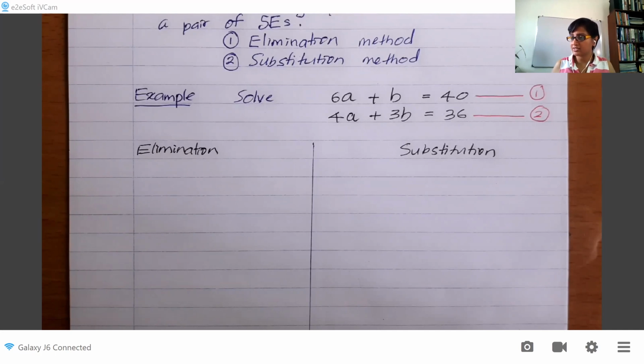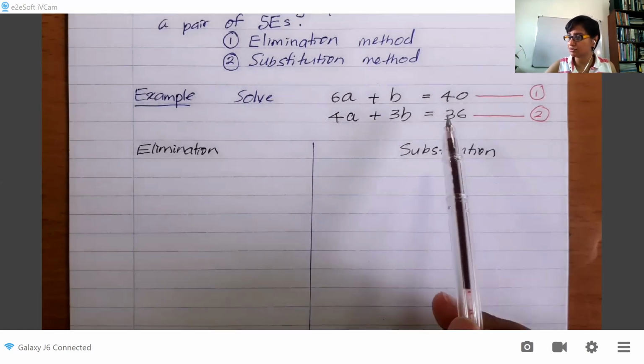The first one has 6A plus B, the second one has 4A plus 3B. If you can make a certain term the same, either the A term or the B term, then maybe you can subtract the equations and get rid of it.